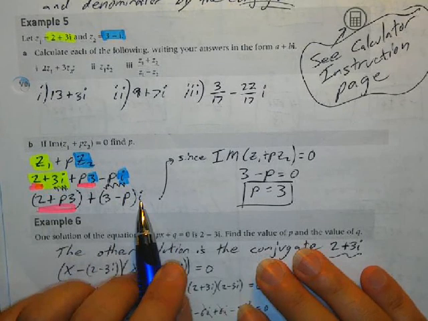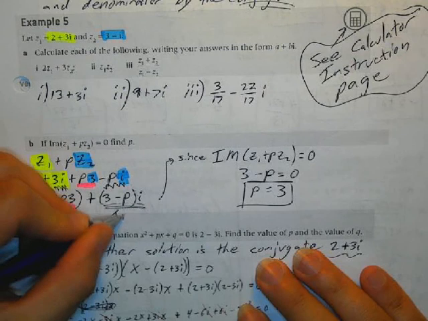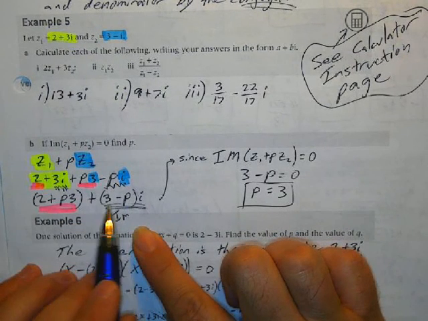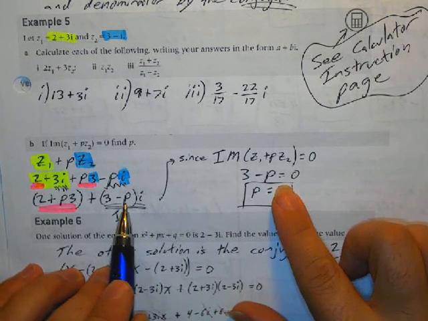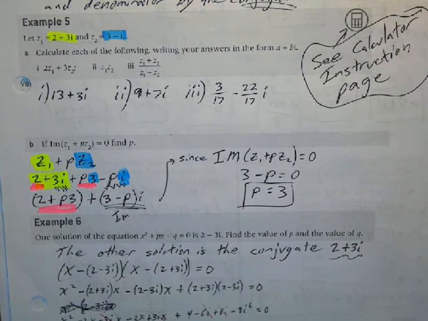So this is our imaginary part. And they've just said that our imaginary part is equal to 0. So I'm going to make 3 minus p equal to 0. And so p has to be 3. Okay.